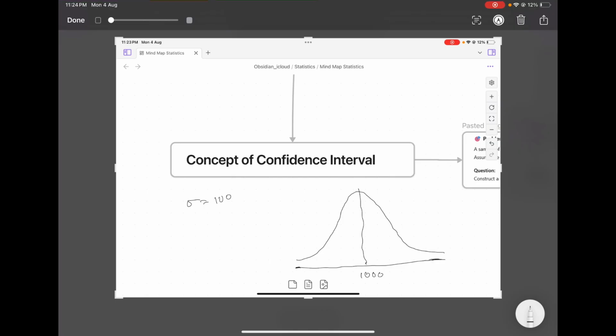You can ask the question, what is the confidence that a bulb lasts between these many hours?